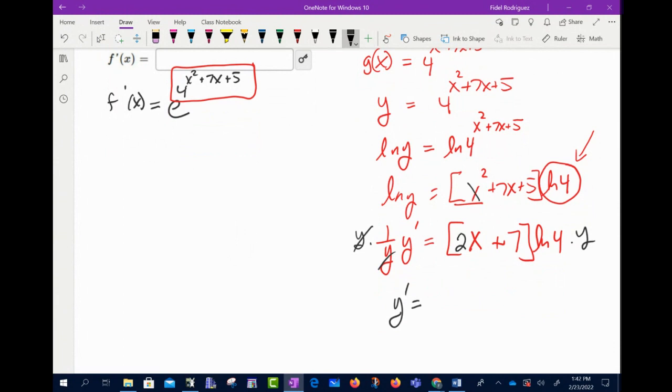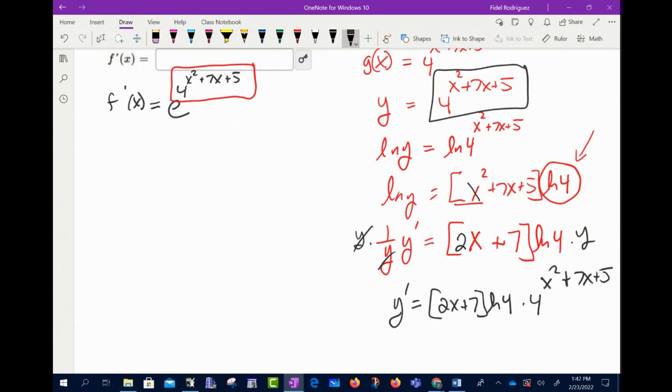X squared, so that was really a 2x, wasn't it? Thank you. Okay, so we've got 2x plus 7 times the natural log of 4, and then y happened to be this funkiness right here, 4 to the power x squared plus 7x plus 5.